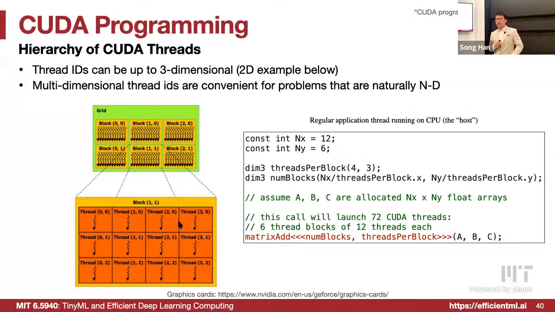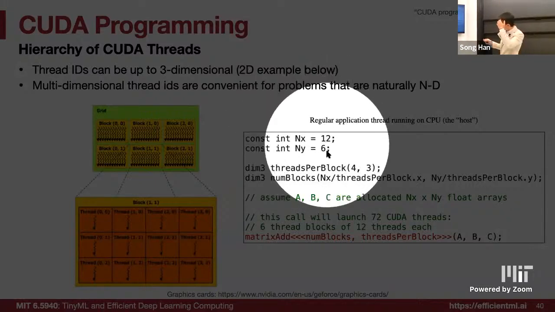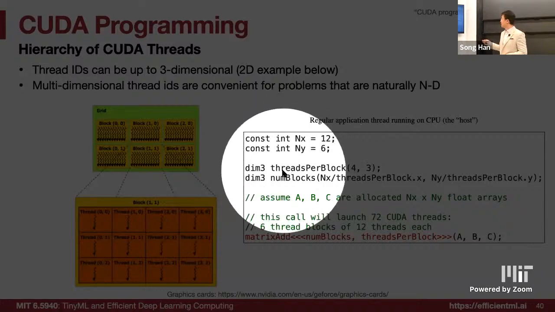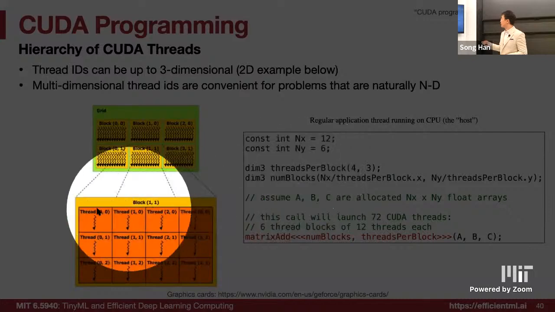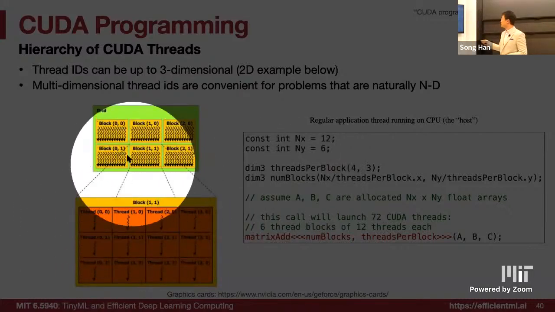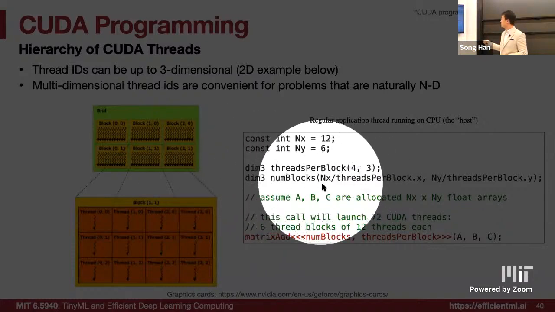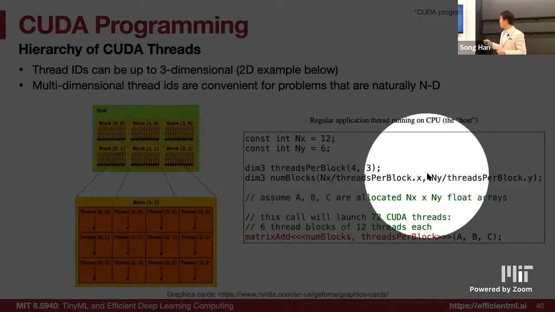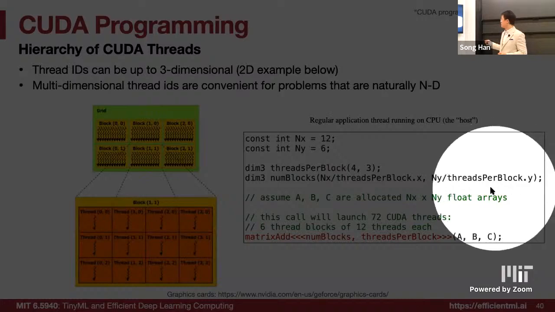We first specify nx to be 12 and ny to be 6. That's probably the size of the workload. Then we create 4 by 3 threads per block, so 4 by 3 threads within each block. The dimension of the grid will be the workload in the x dimension divided by the threads per block in x, and the workload in y divided by the threads per block in the y dimension.